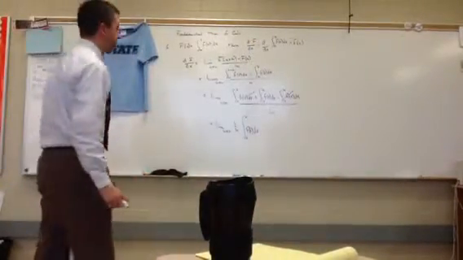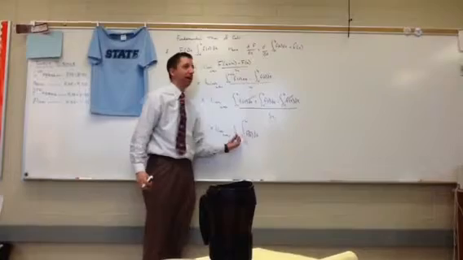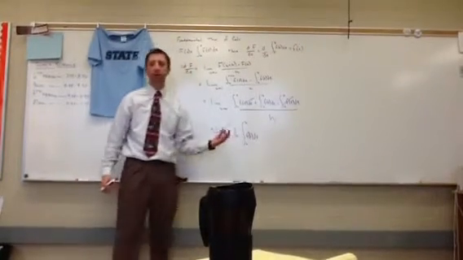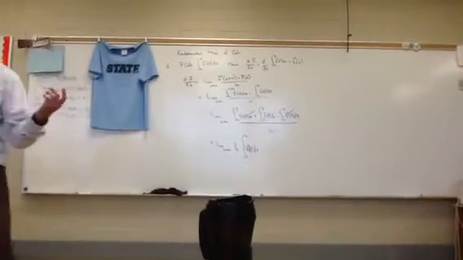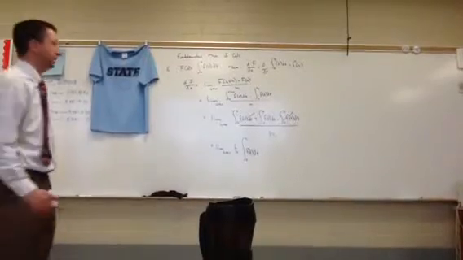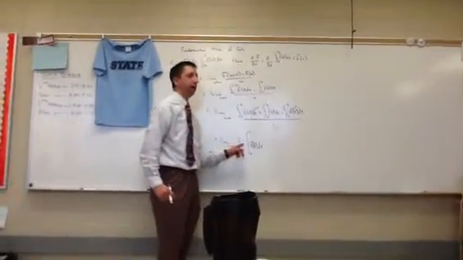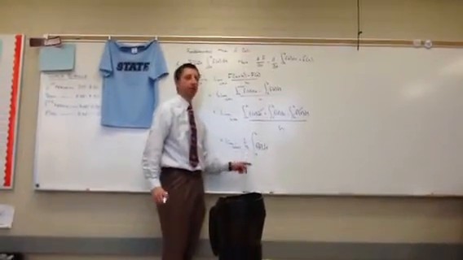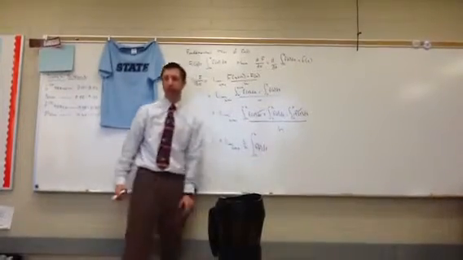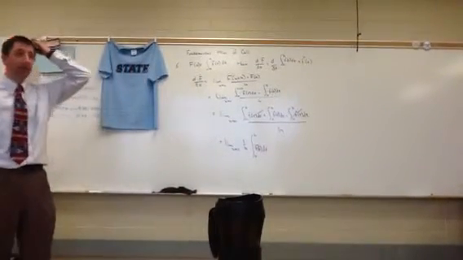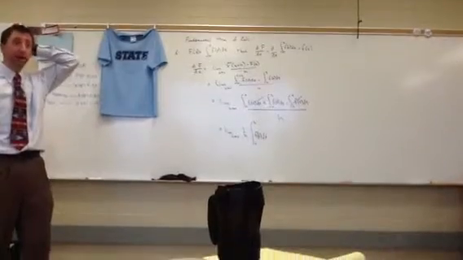We looked at this and we said this is just the average value. We used the average value of the function, which was 1 over b minus a of the integral from a to b of f of x dx. And then we started talking about the average value.